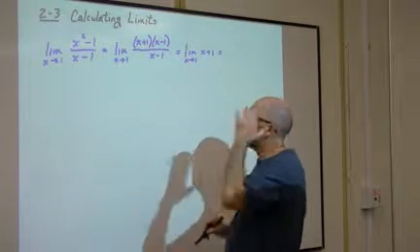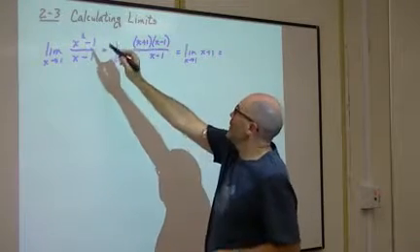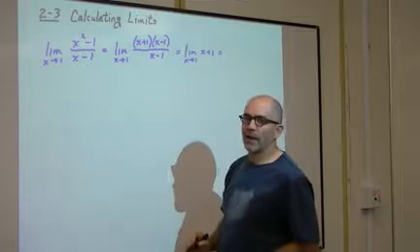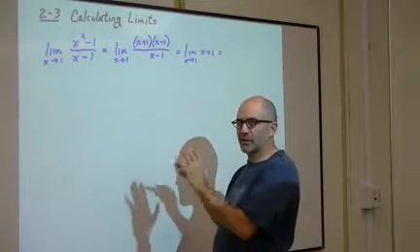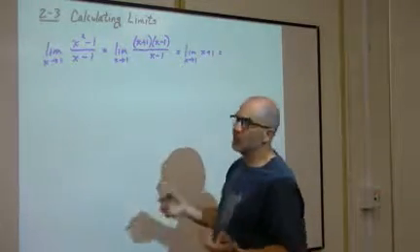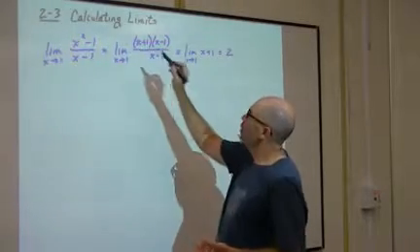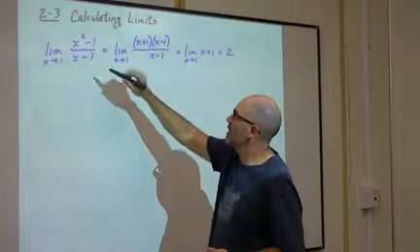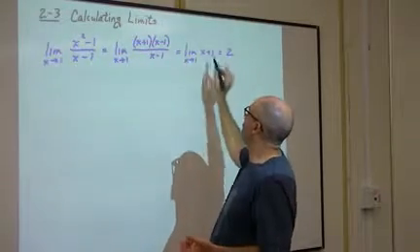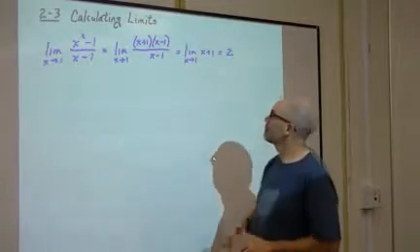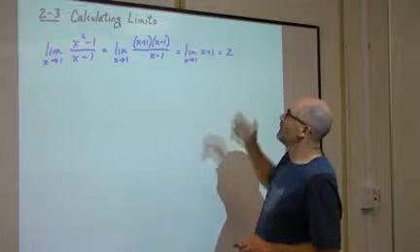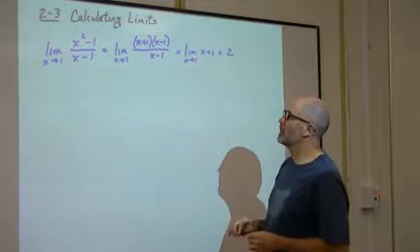And so I don't have to plug in numbers closer and closer to 1 from the left, closer and closer to 1 from the right, and see what it's approaching. I know it's exactly 2, because when I algebraically manipulate this, I can get the basically equivalent function of x plus 1.